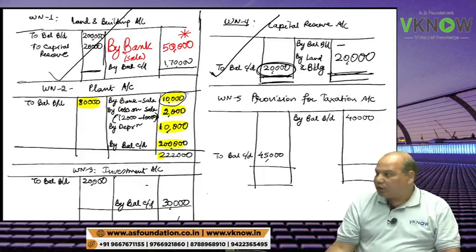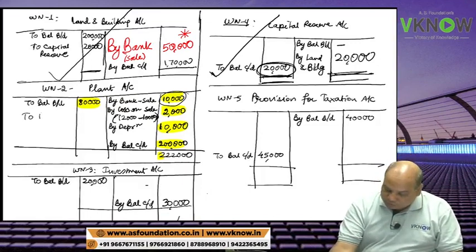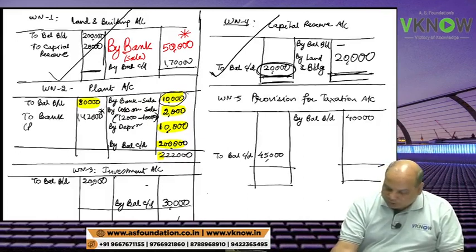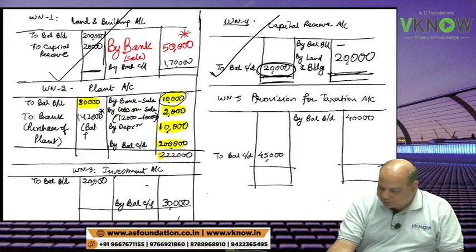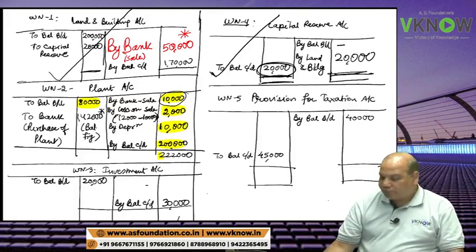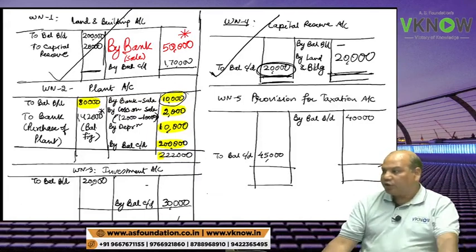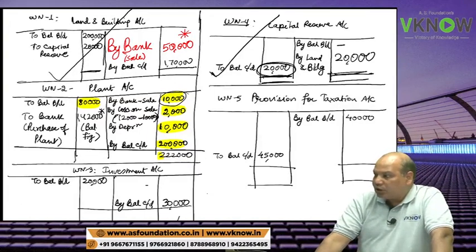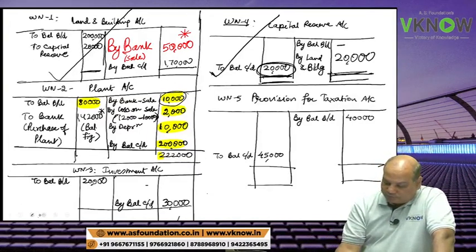So I am getting 1,42,000. So you will write down to bank 1,42,000 and in bracket write down purchase of plant. Balancing figure, also write it down if you have space.